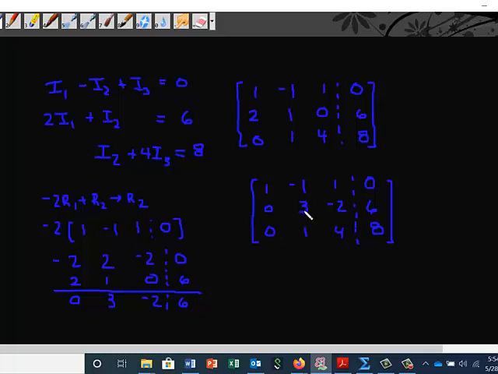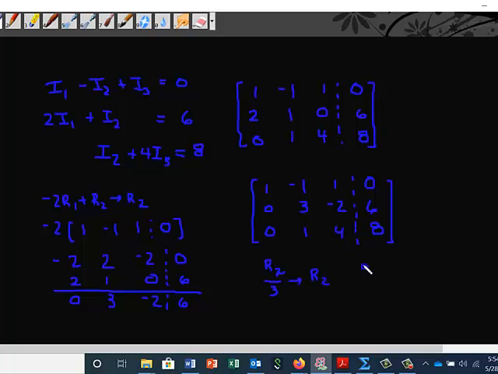So at this position where this 3 is, we want to get a 1 there. So I'm going to divide row 2 by 3 to get the new row 2.